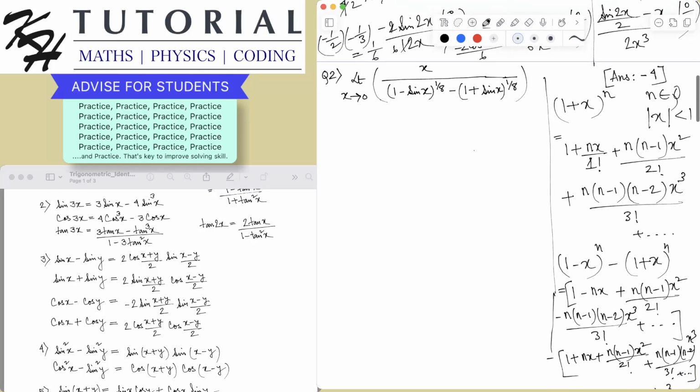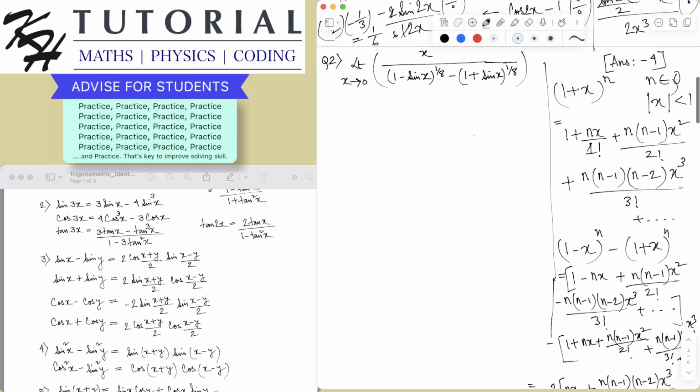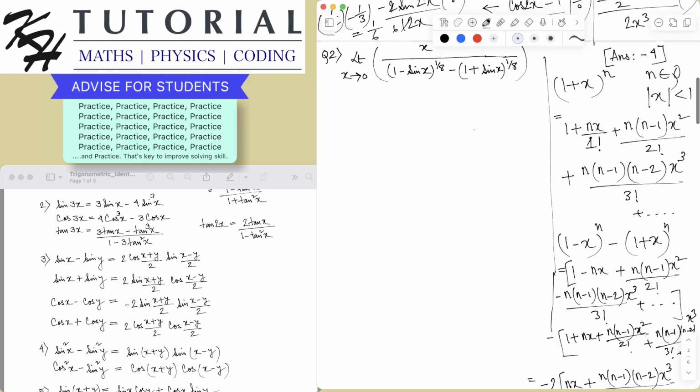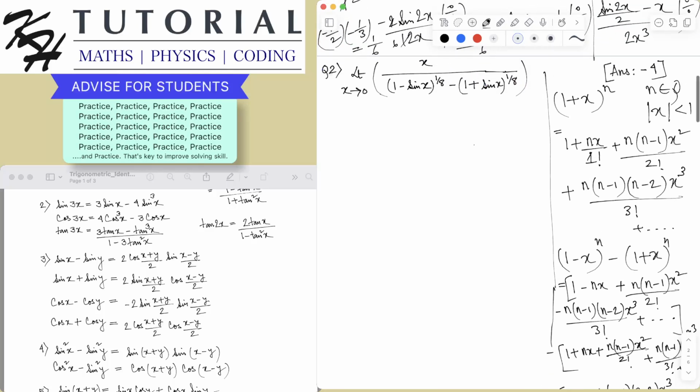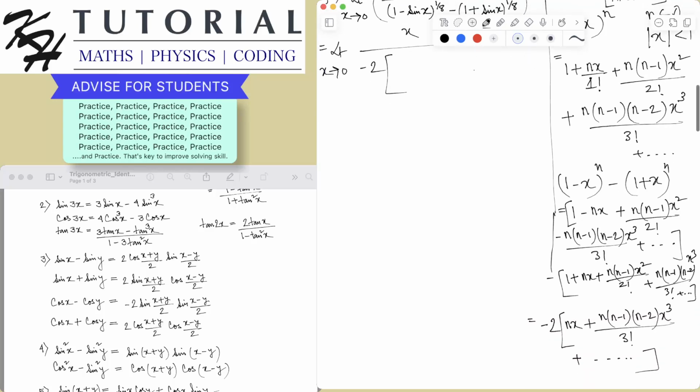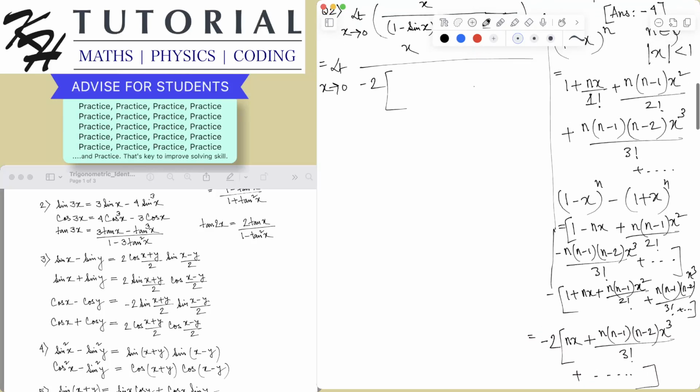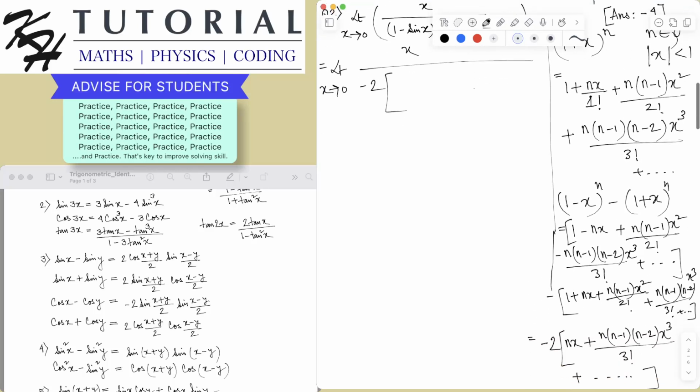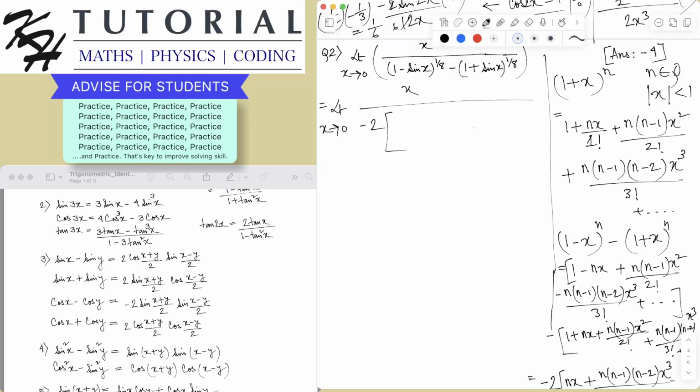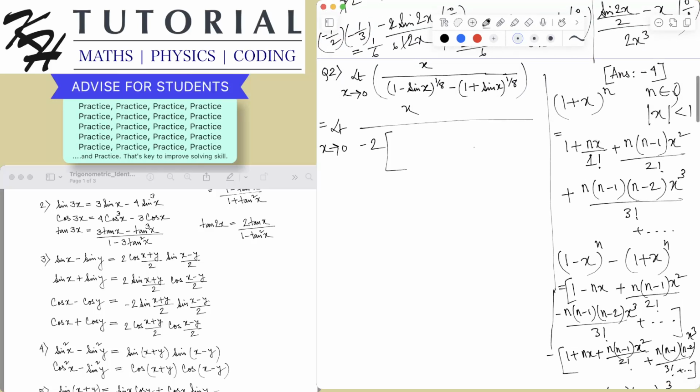Now in the given problem, what will be the denominator? It will be limit x tending to 0, x by minus of twice nx, where x in the given problem is sin x and n is 1 by 8.